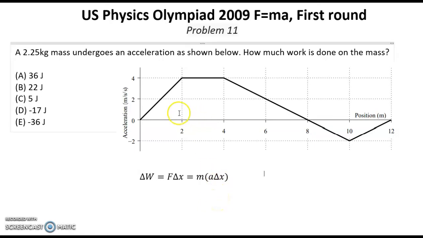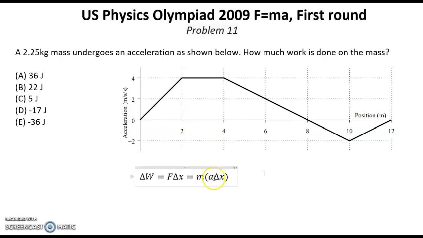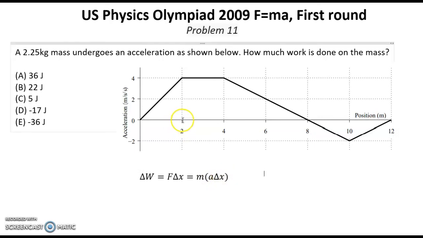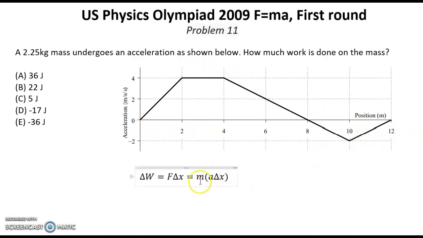If we look at this graph, acceleration multiplied by dx is just the area with displacement dx and current acceleration. So to find the total work done, we can calculate the total area and multiply it by mass. That will be the solution. Let's calculate this area.